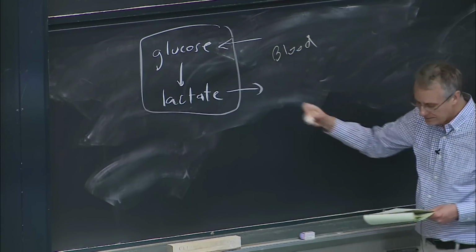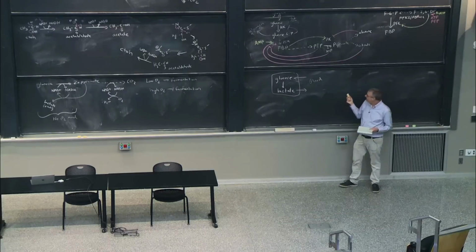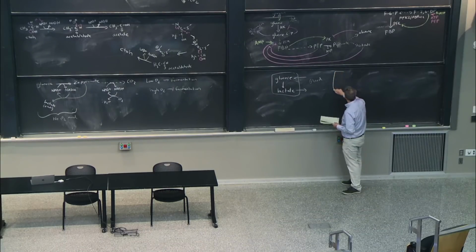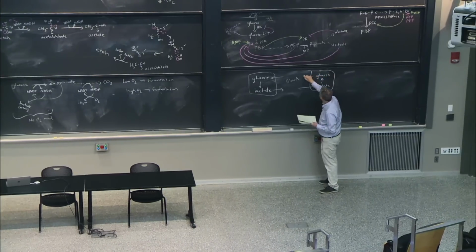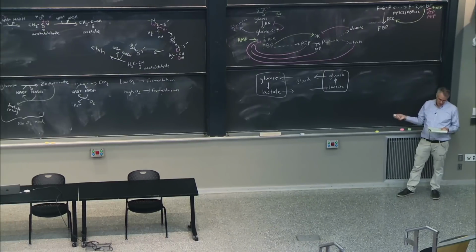Well, that lactate is perfectly good fuel, just like the yeast can reoxidize, or we can reoxidize ethanol. We can also use lactate as a fuel, but it turns out a big job of our liver is to take that lactate from the blood, as well as other molecules, and regenerate glucose such that our blood glucose remains in a constant level.